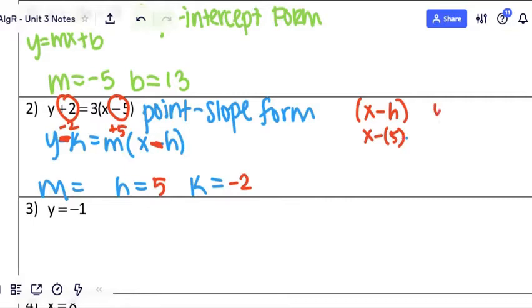Same thing if I do y minus k. Well, if I substitute negative 2 in for k, that's where I get my y plus 2 that I have in my equation. So an important takeaway here is that h and k will always be the opposite of what you see in the equation. Let's write that down.